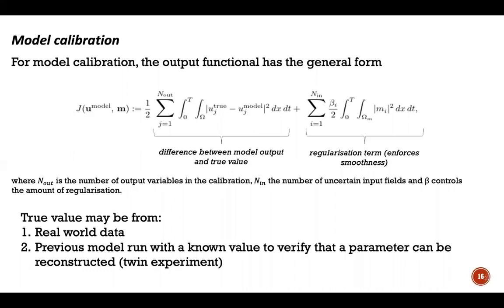Then you run the model again without knowledge of this output or what the input parameter was, and you use your adjoint method to minimize your output functional and find the optimal parameter m. Because you know what the true value is, when your adjoint method spits out alpha equals 1, you know it must have worked. That helps you verify, and then you can be confident that when you go to your real world experiment, the value that's coming out of it is a correct value.